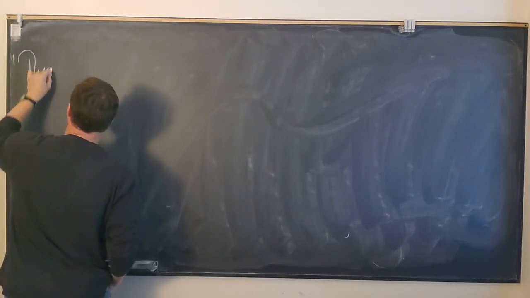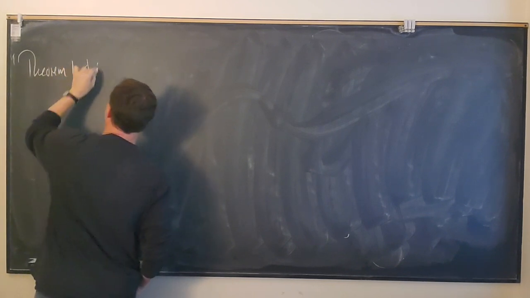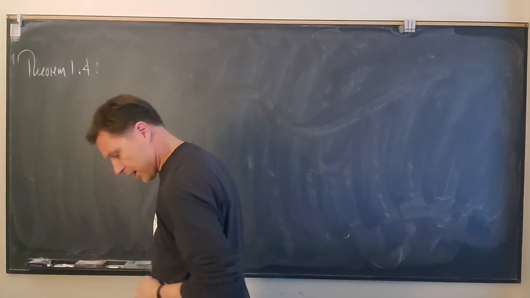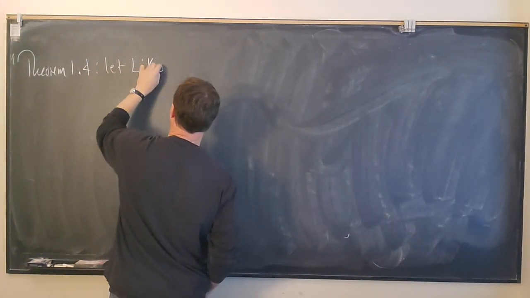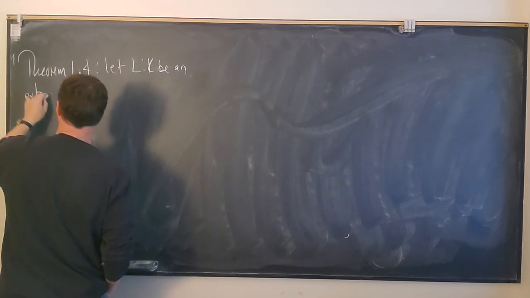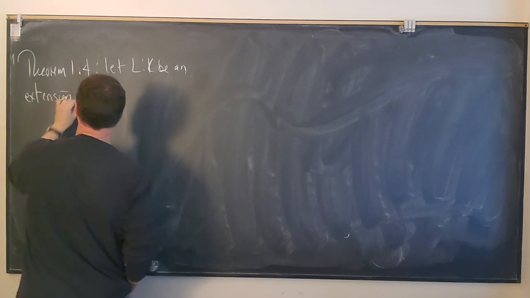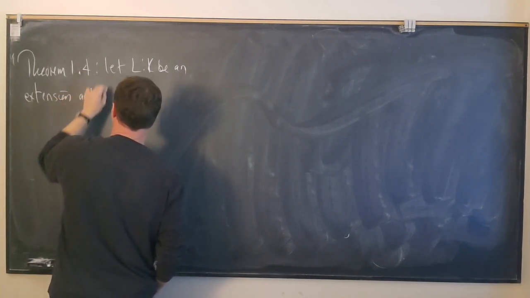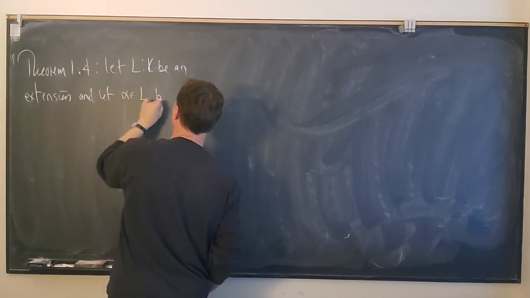This is Theorem 1.4. Let L over K be an extension, and let alpha in L be algebraic.